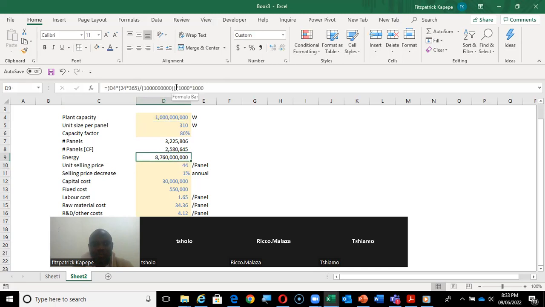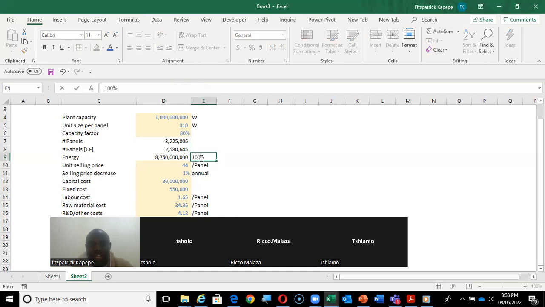Which gives me, because it's basically times 1 million, that number. But then this is at 100%, and I'm comforted that I'm not going to use these numbers in computing revenue because I'm told they are computing the revenue per panel.